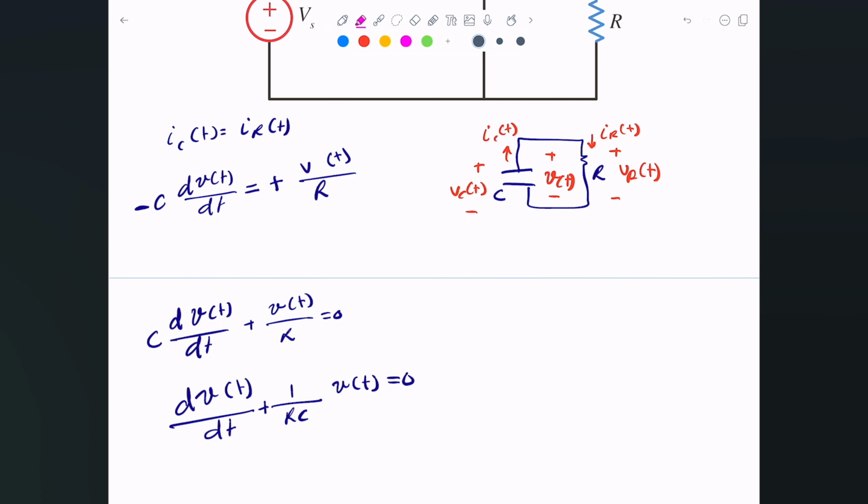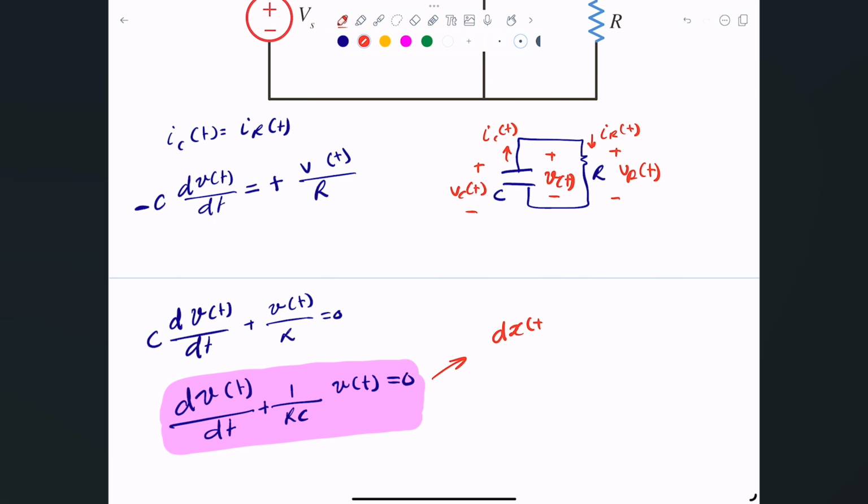This equation is the first order differential equation that describes the natural response of an RC circuit. And this is of the form dx of t divided by dt plus 1 over tau times x of t, and in this particular case the constant just happened to be 0.